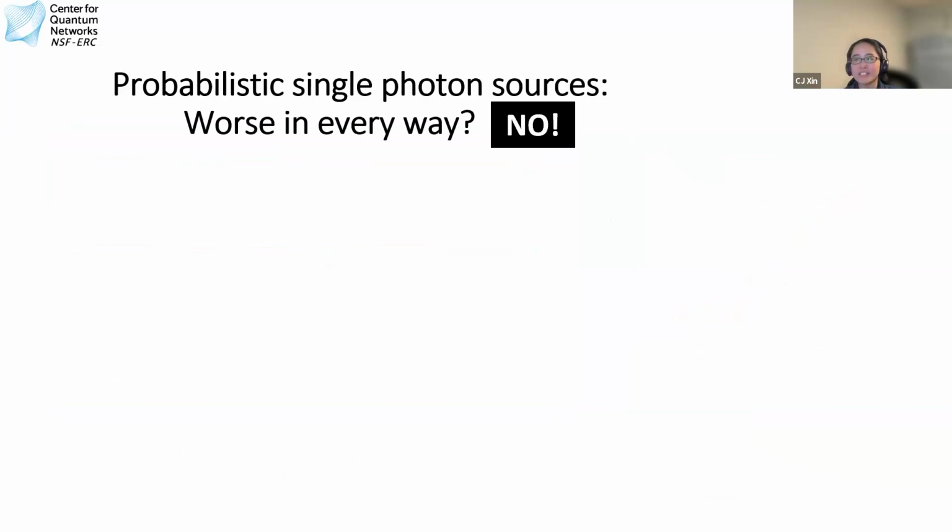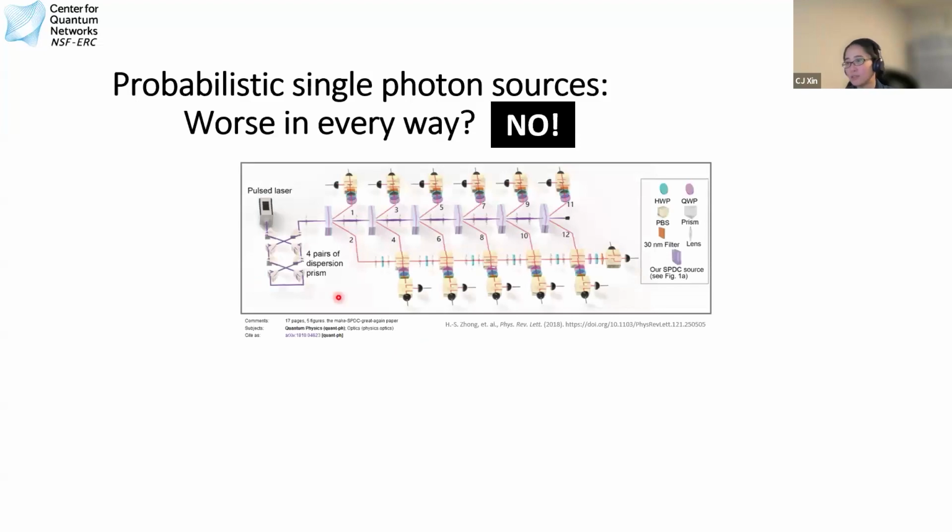And the reason for it is actually pretty interesting, because as much as people have poured resources into deterministic single photon emitters, when you actually want to do a very ambitious demo, for instance, some kind of large 12 photon entanglement boson sampling, this is work by Jianwei Pan's group back in 2018, which is 5 years ago, you end up resorting back to your SPDC, your probabilistic parametric down conversion sources again.